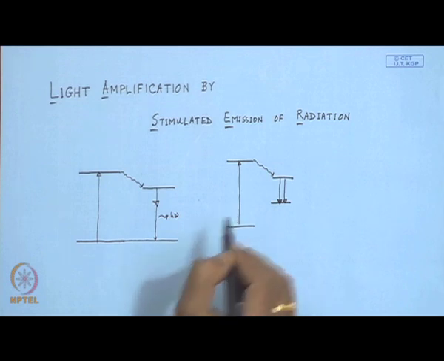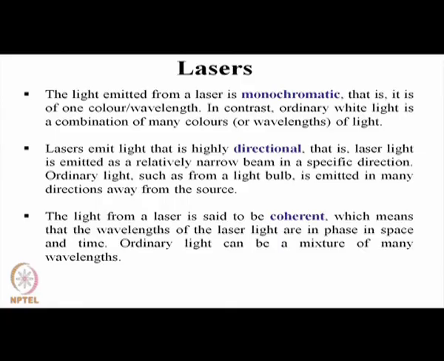So, let us come to the characteristics. Light emitted from a laser is monochromatic, that is, it is of one color and wavelength. In contrast, ordinary white light or maybe yellow light may be a combination of a band of frequencies. It is not a single frequency.